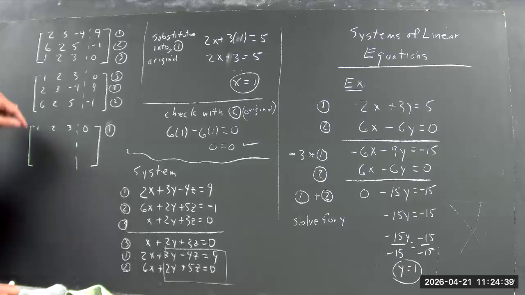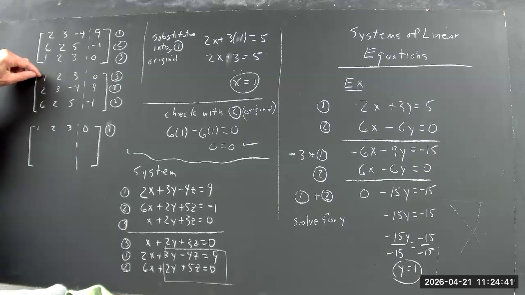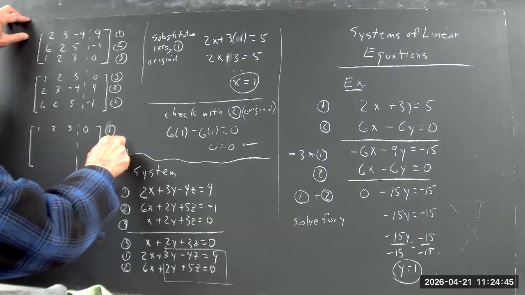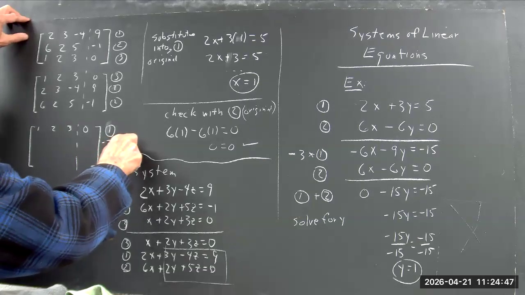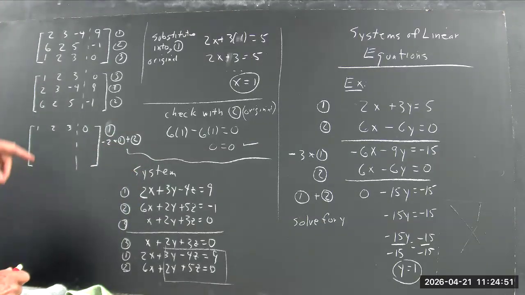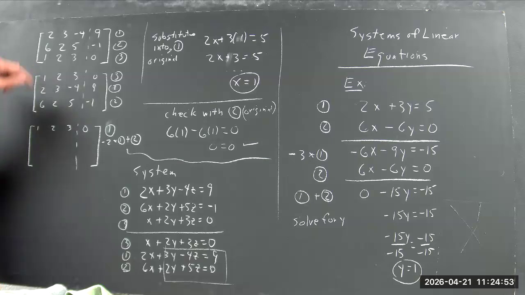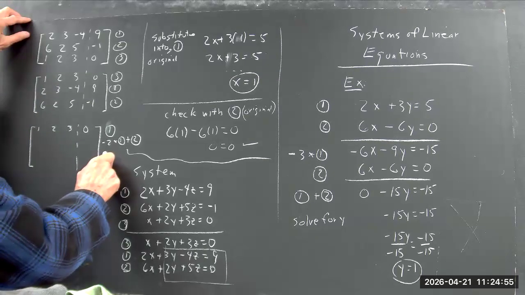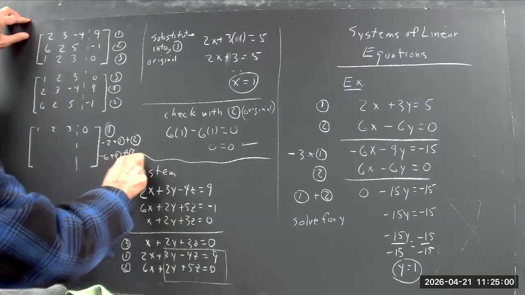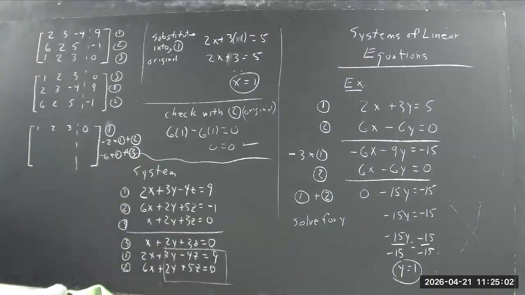But then I want to do -2 times row 1 added to row 2. And then I'm going to do -6 times row 1 added to row 3. Let's see where that gets us.